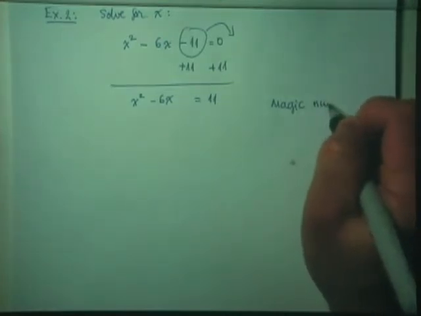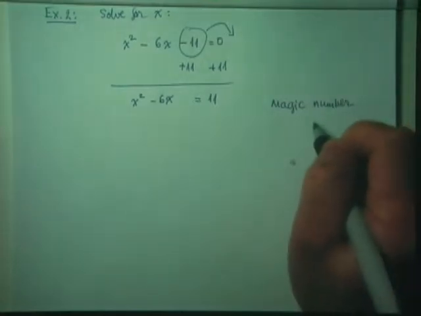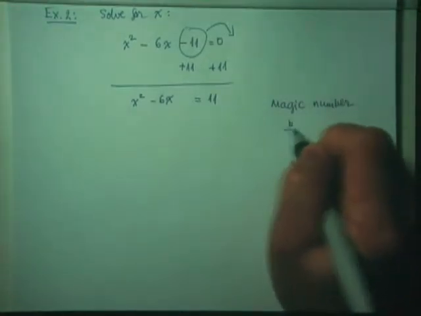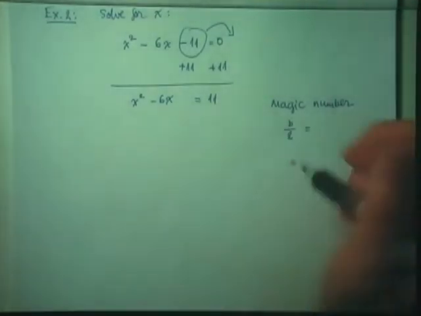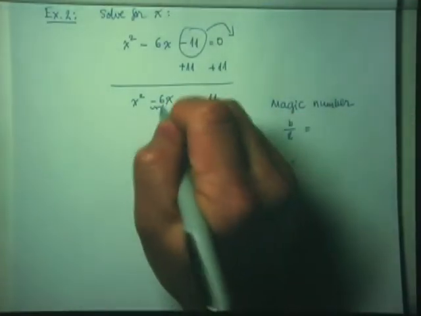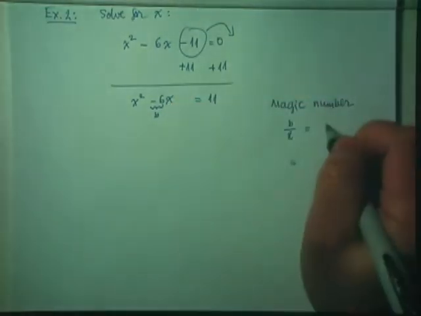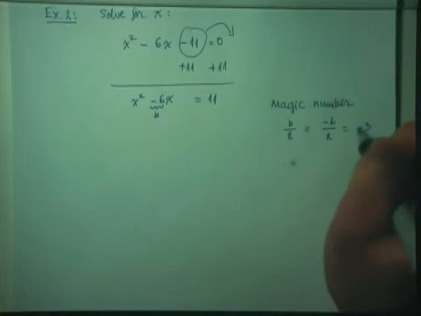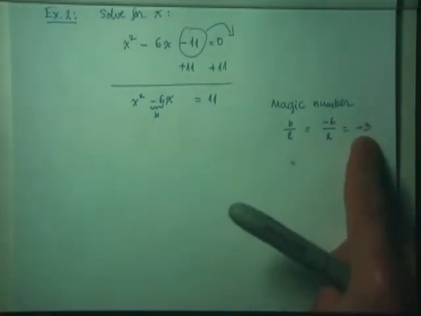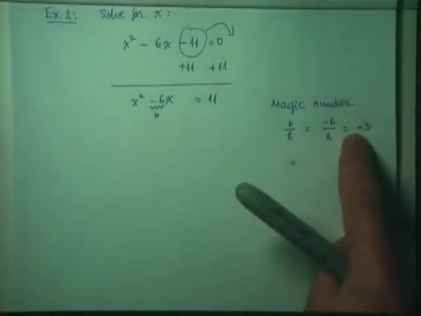But the magic number in this problem is going to be, remember, b over 2. So b in my problem is a negative 6. Minus 6 is my b right there. Okay, so I have minus 6 over 2, and that gives me negative 3. So watch out, be cautious that my magic number contains a negative sign.